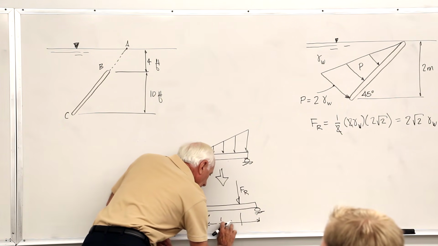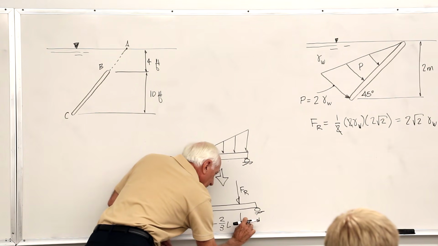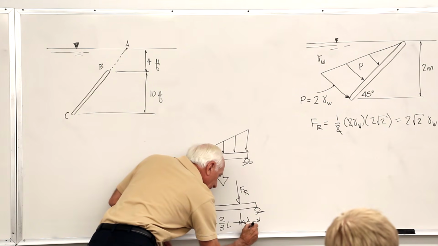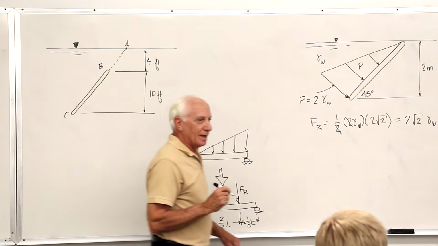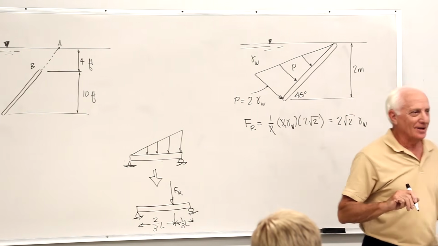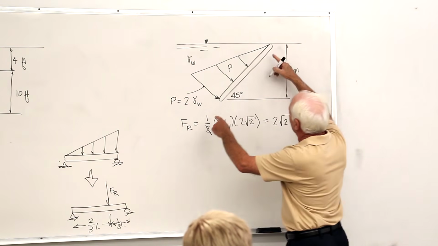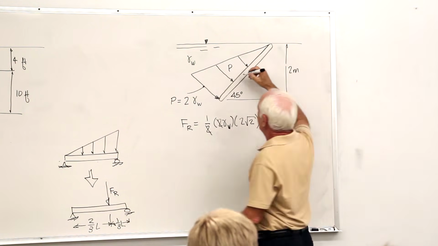One-third, 2/3, pardon me, 2/3 L, 1/3 L. Well, guess where this one goes through? Well, I'll tell you. The same spot. 2/3 the way down from my fingertip. 2/3 the way down from my fingertip.